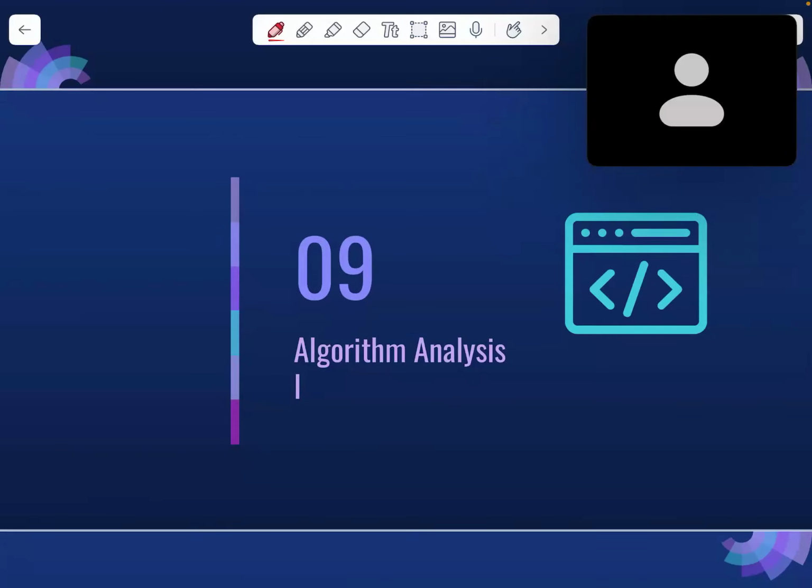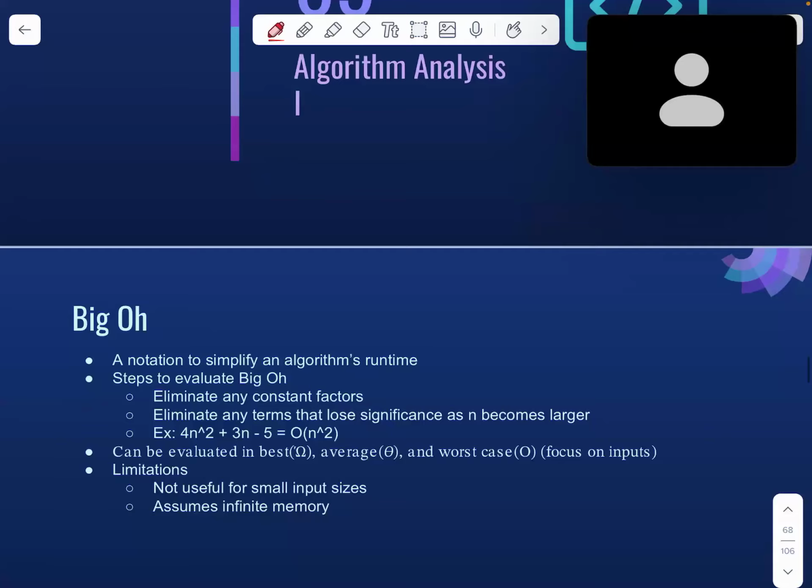And since there are so many different factors that change the runtime of an algorithm, we have derived a notation to refer to it generally, or estimate the runtime by just looking at the code and deriving it from there. And that is big O notation.